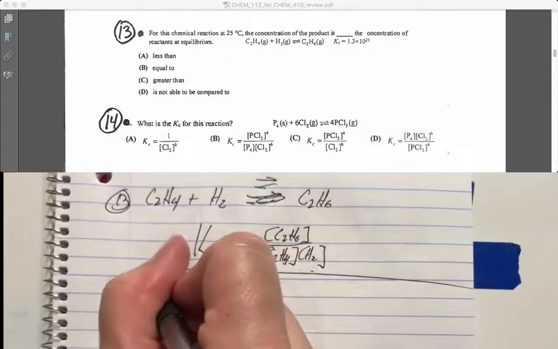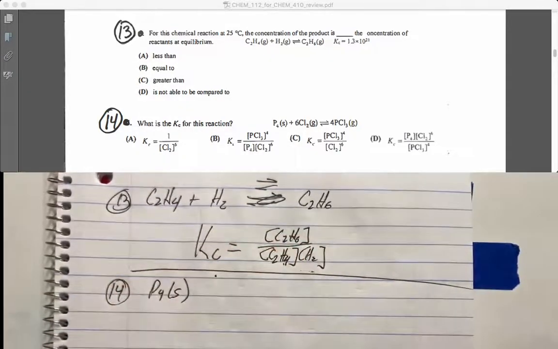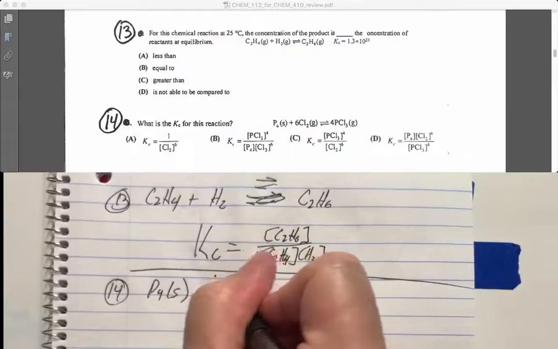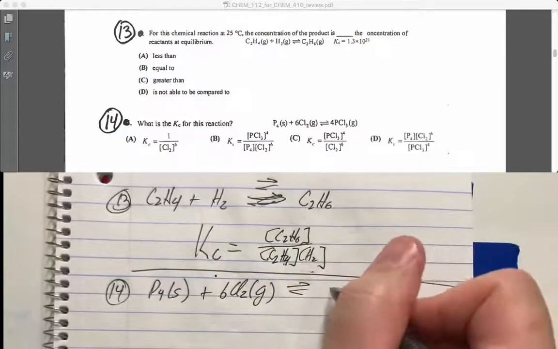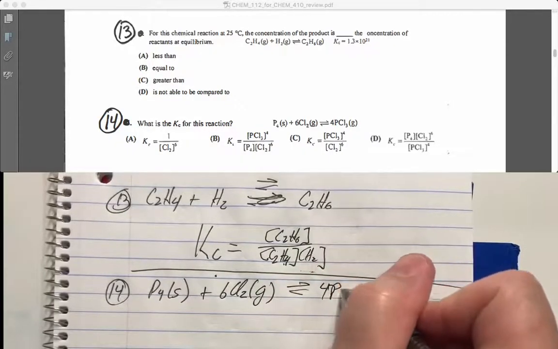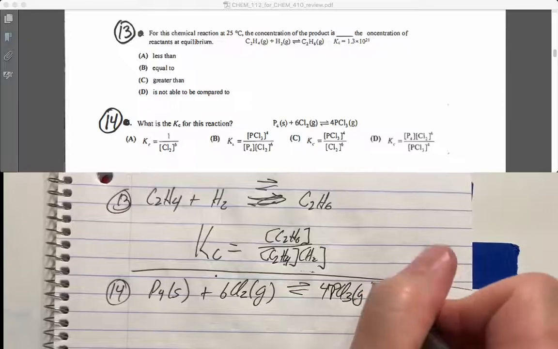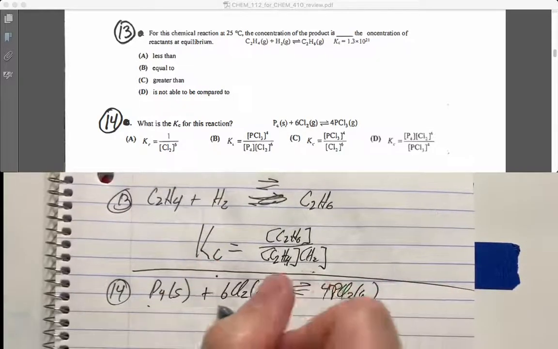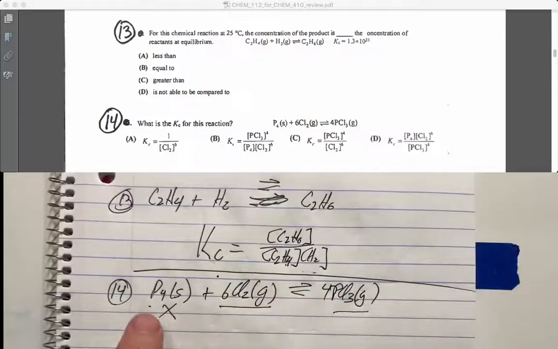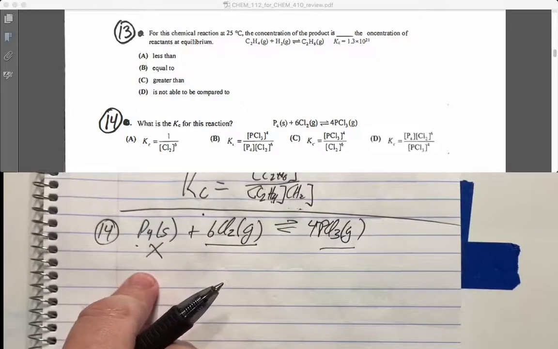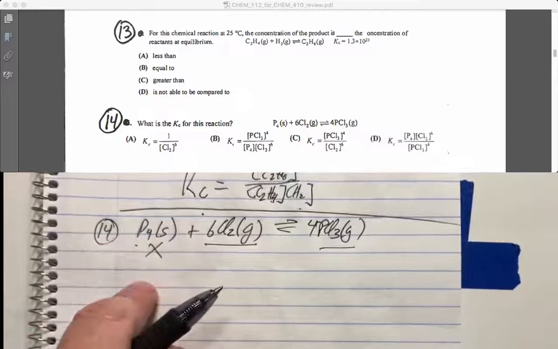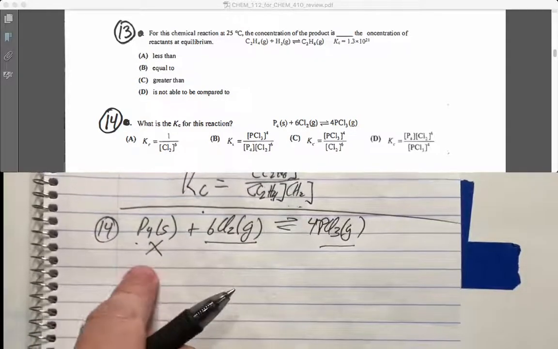Okay, here for 14, I'll just rewrite this. I will put in my state symbols now. P4 plus 6 Cl2 is in equilibrium with 4 PCl3. Okay, this species is a gas, this one's a gas, this is a solid, so this doesn't contribute to our homogeneous equilibrium constant.